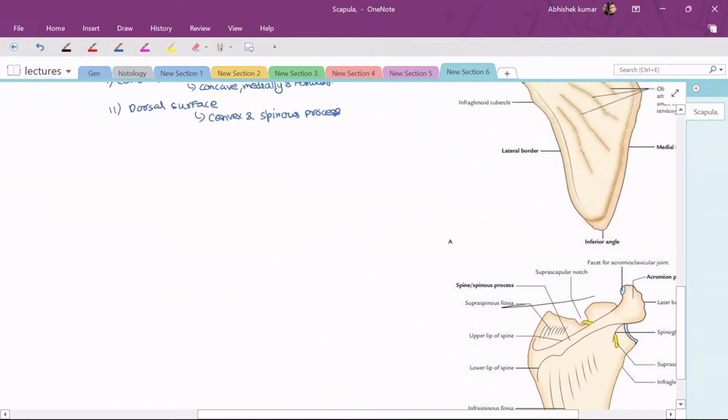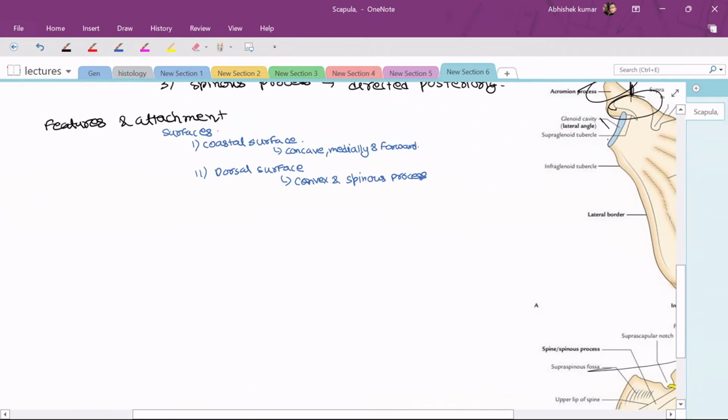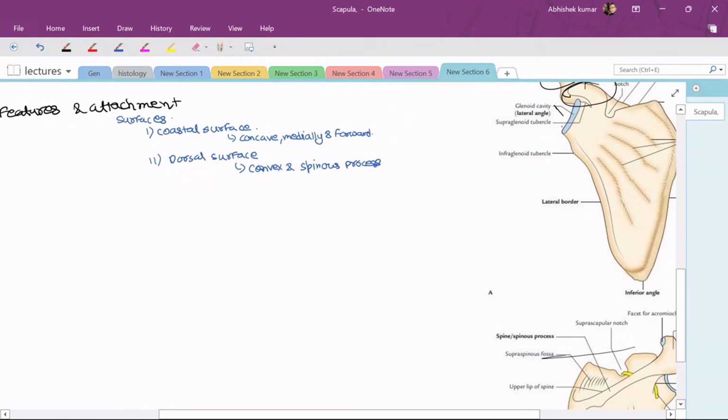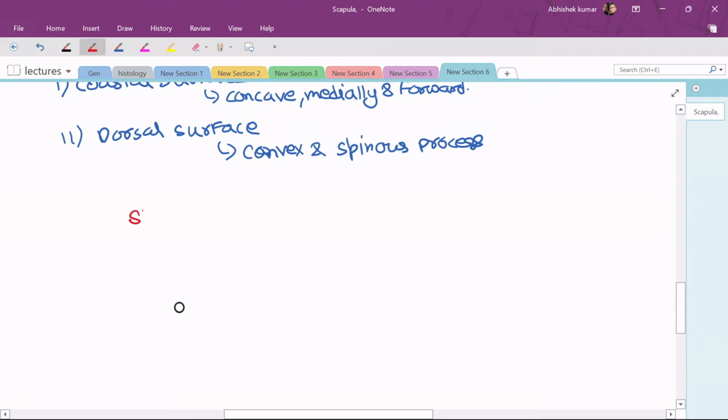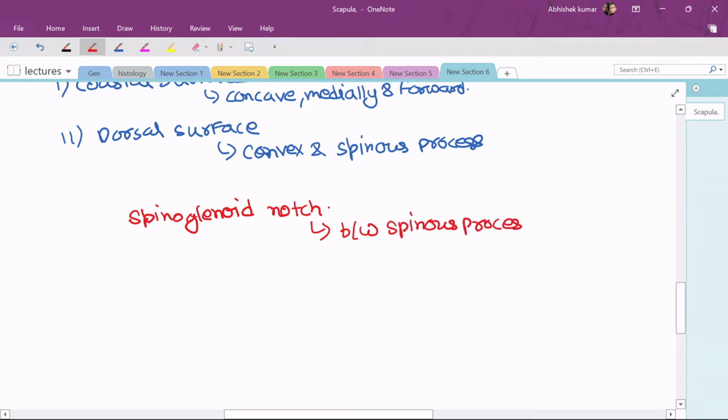Now there are lots of things we have to see in the dorsal surface, like the spinoglenoid notch, and where it is present, between the spinous process and the dorsal surface.